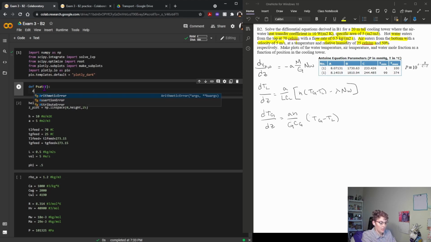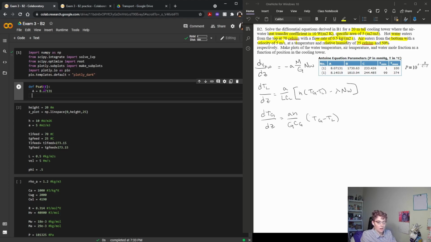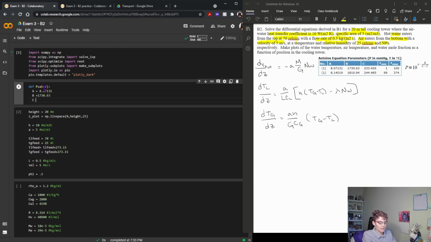We're just going to type them in as A is equal to 8.07131, B is equal to 1,730.63, and then C is equal to 233.426.